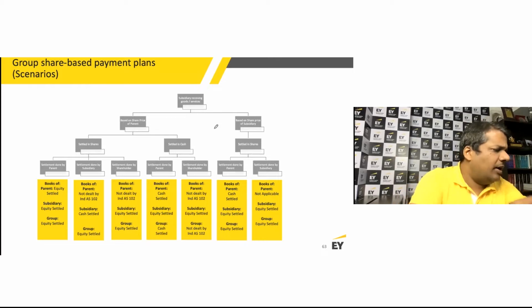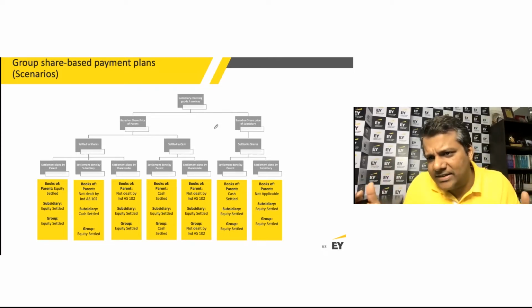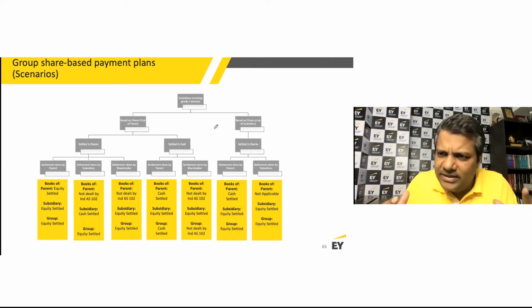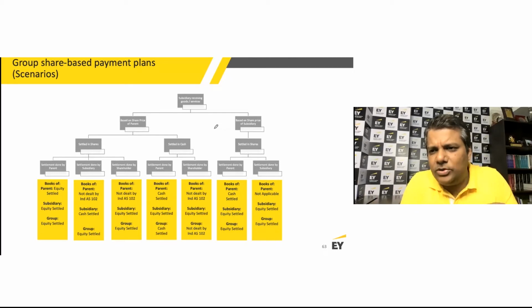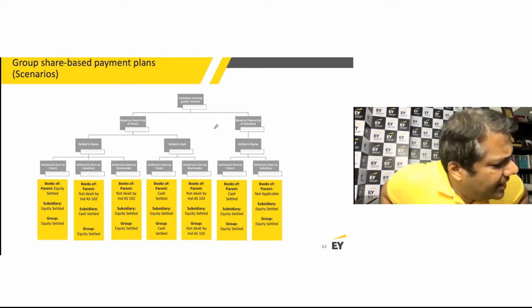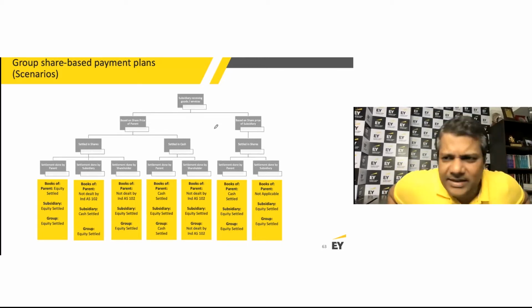Whether it's equity settled or cash settled, and whether it's settled by the subsidiary or the parent, all of that will impact the accounting, that is, in whose books I need to record. You need to be careful about all of that. That is what this slide is trying to explain.